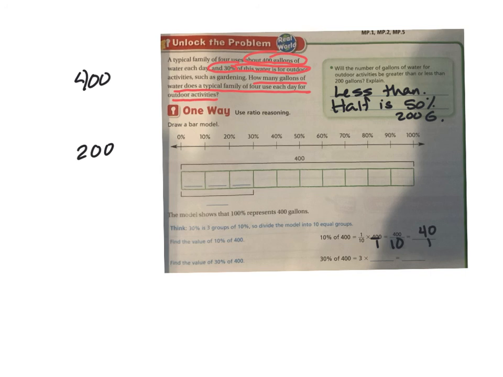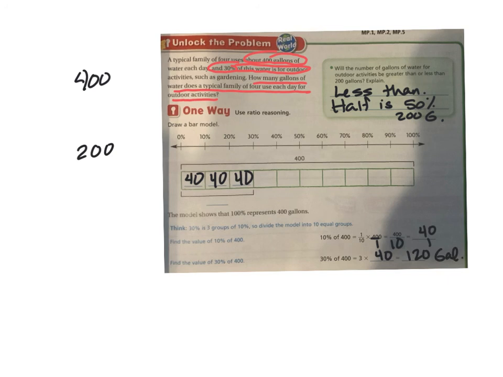So what we learn is that 40 gallons is the 1/10 amount. All right, but we know 30% is how much they use. So we're going to do 40 gallons for the 3 blocks of that. They did 30% of 400 is 3 times 40, which we found is for one of those blocks, 1/10 of the whole 100. And that's going to give us 120 gallons.